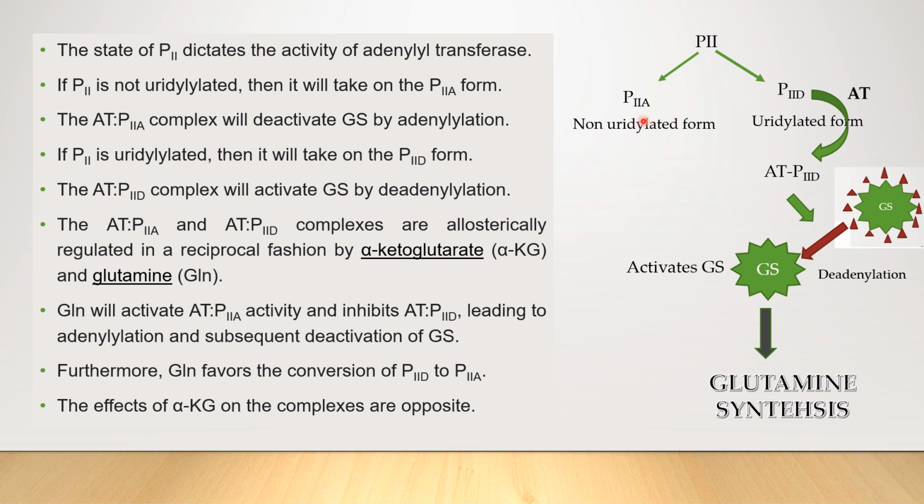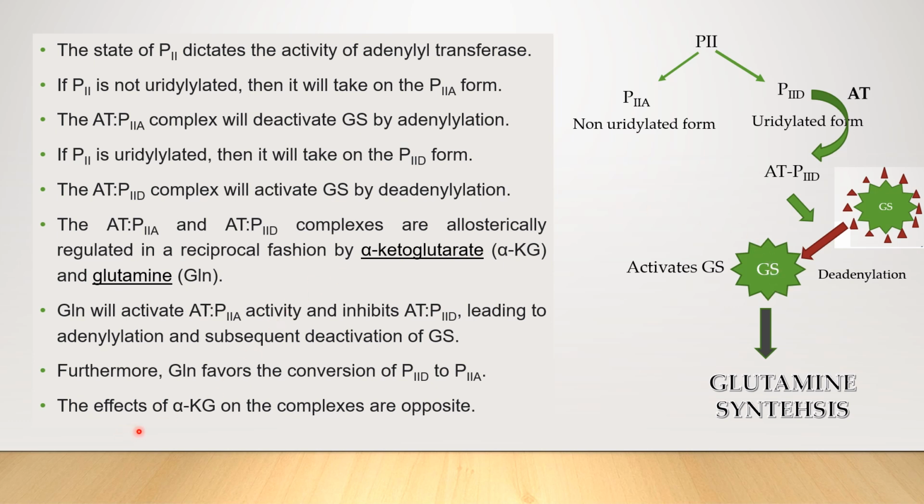That means this will not contribute to the formation of glutamine, because glutamine is already there. So it will inhibit the formation of P2D, thereby inhibiting the work of glutamine synthetase. No more is it required.